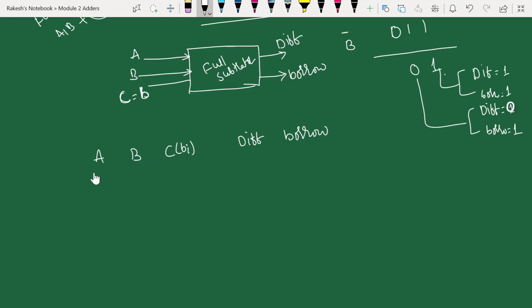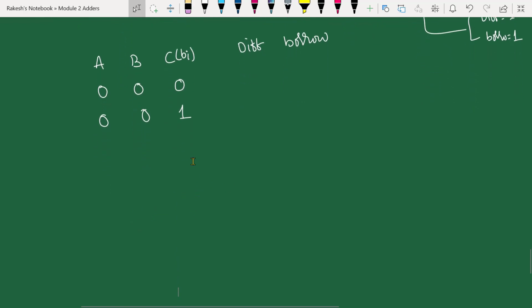Okay, I'm going to take 0 0 0 first, then borrow is 0, then 0 0 1, and borrow 1. That means your A bit is involved in the borrow operation. That means A bit has given borrow to the lower order bit. Similarly, if I take 0 1 0, then 0 1 1, that means again in this case also your A bit is involved in the borrow operation to the lower order bits.